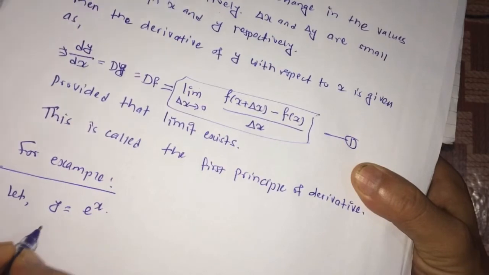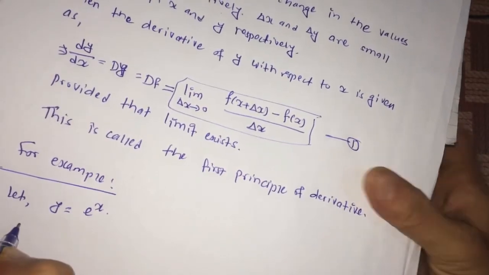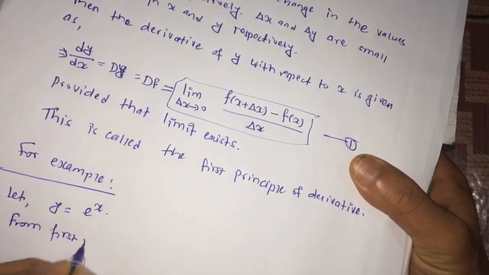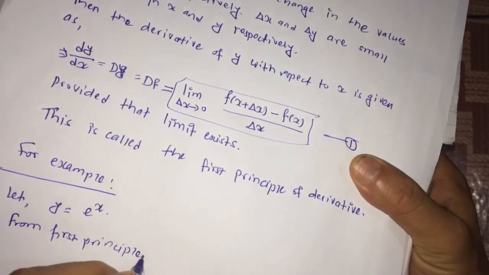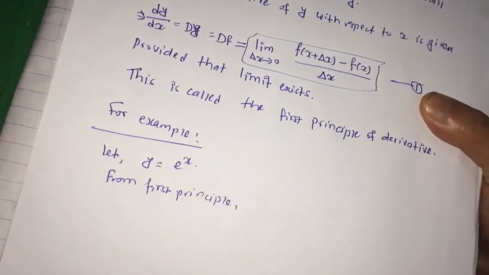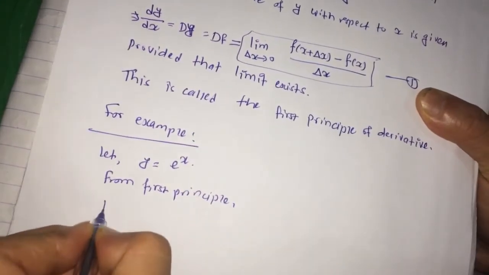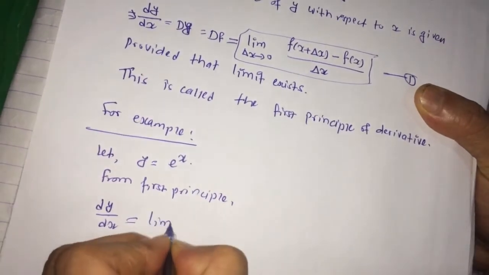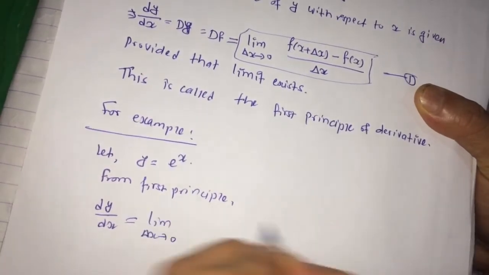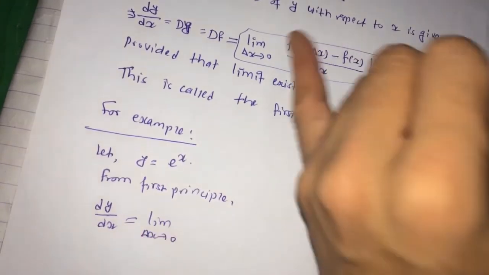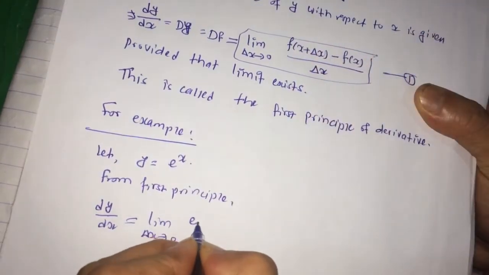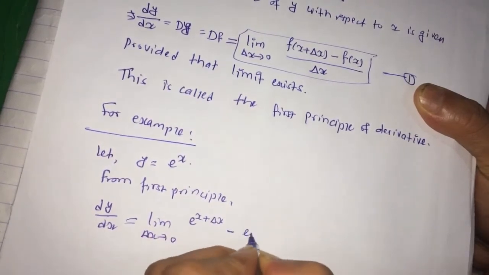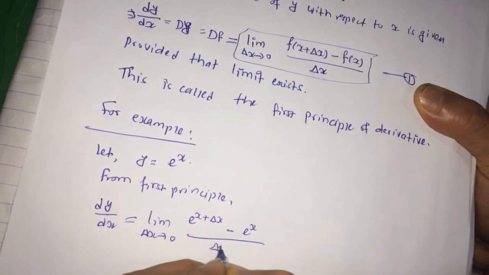So by using this first principle, you can write dy by dx is equal to limit del x tends to 0, f of x plus del x, meaning exponential x plus del x, minus f of x, meaning exponential x, divided by del x.